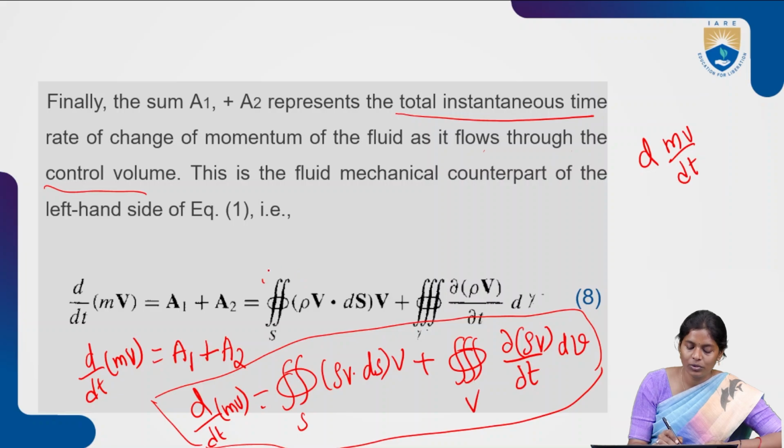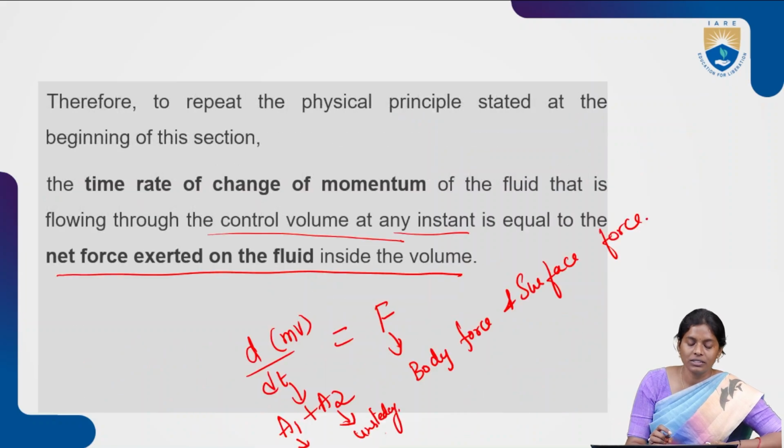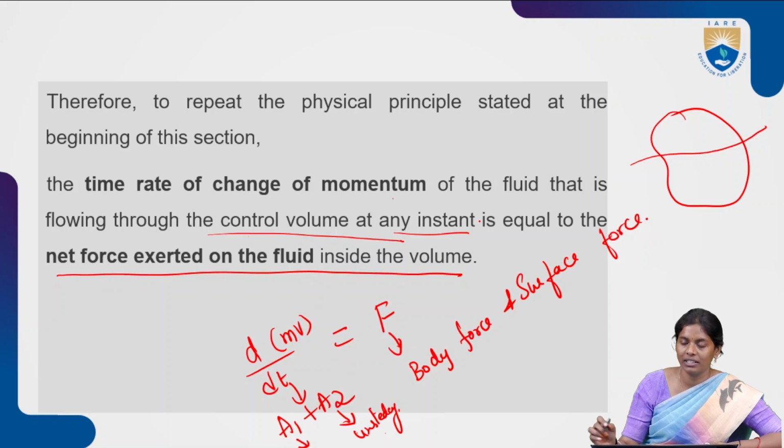We have the contribution on the surface, how it varies, and the unsteadiness inside the control volume, or any fluctuations there. Overall, this physical principle of the momentum equation states that the rate of change of momentum of a fluid flowing through the control volume at any instant is equal to the net force exerted on the fluid inside the volume.